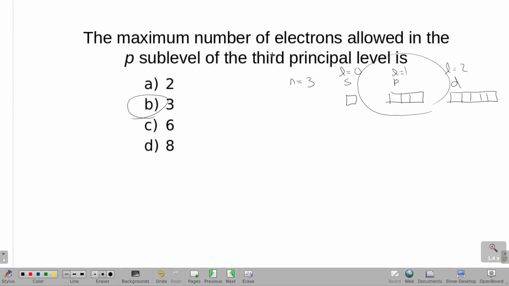The time it would be none is if I had said this was the 1st principal level. If our n equals 1, you have the L equals 0 of S, but there's nothing else because there's only 1 type of shape on that 1st shell. So if this is the 1st principal level, there isn't a p sublevel. So therefore, it wouldn't hold any electrons.